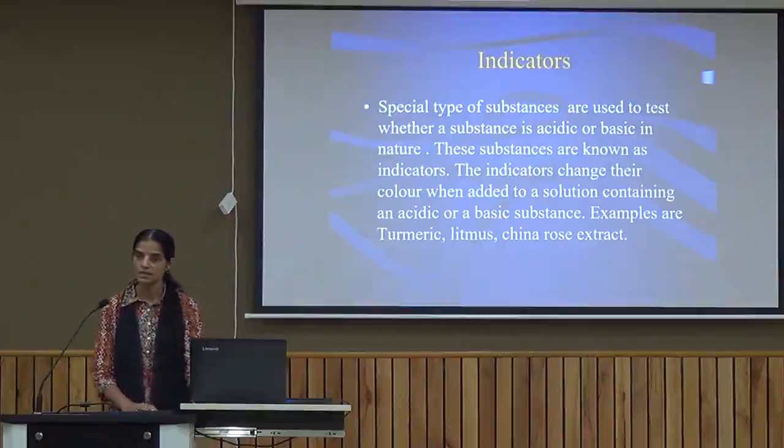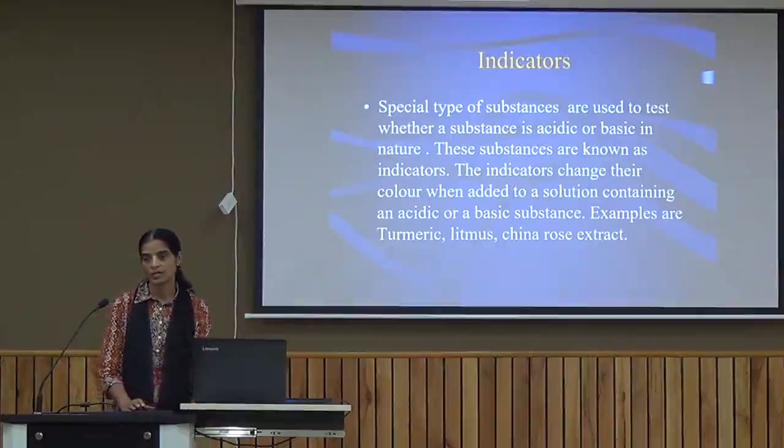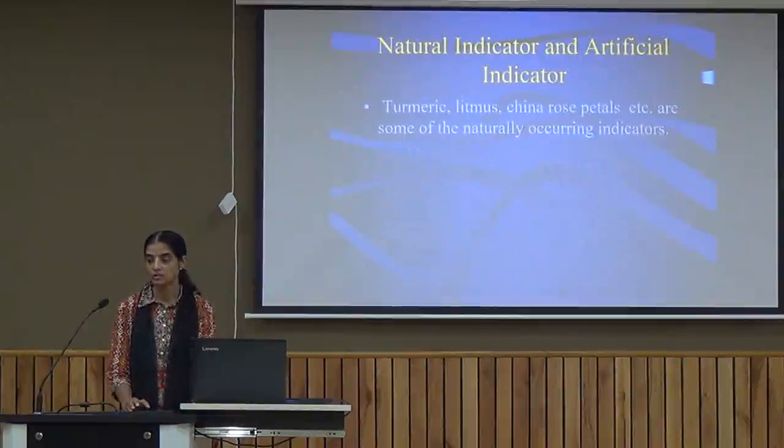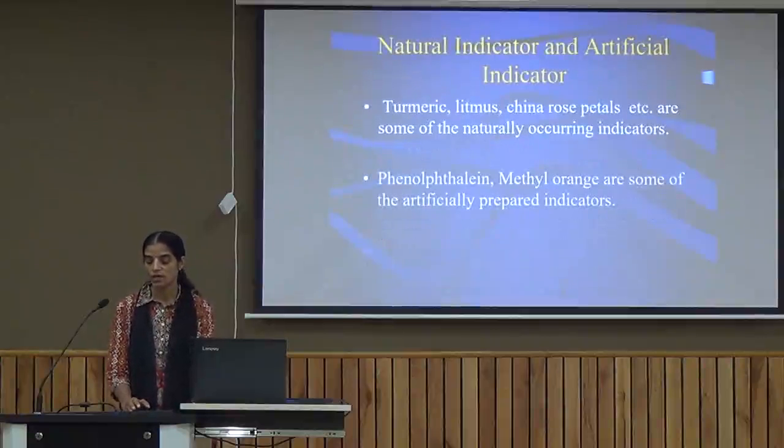Common indicators which we use in lab are litmus, and then we also use indicators like phenolphthalein. So there is a distinction given to indicators also. Indicators which are obtained from nature are called natural indicators.